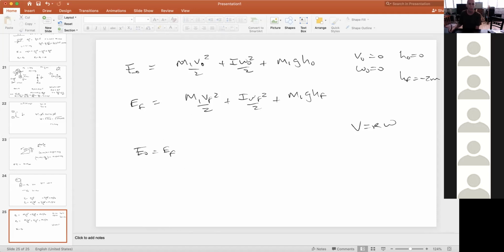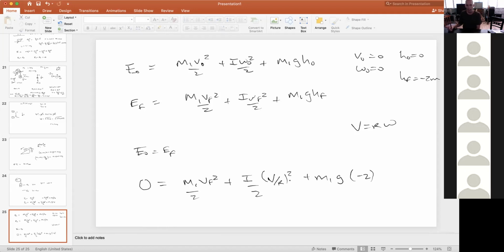So what I get is all these terms are 0. 0 is equal to M1 V final squared over 2 plus I times (V divided by R) squared over 2 plus M1 G H final, which is minus 2.